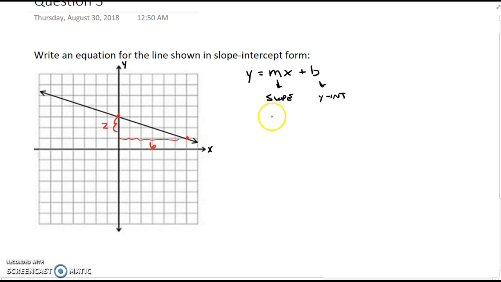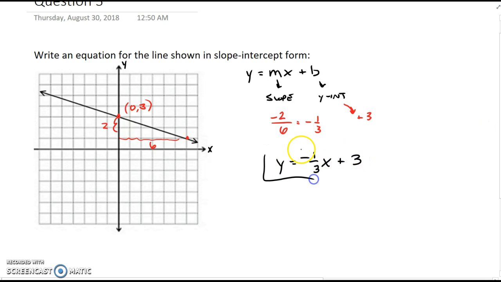So my slope is -2 over +6. Down is negative, right is positive, which is the same as -1/3. And my intercept is at the point 0, 3. So my y-intercept is +3. So my slope-intercept form would be y equals -1/3 x plus 3.